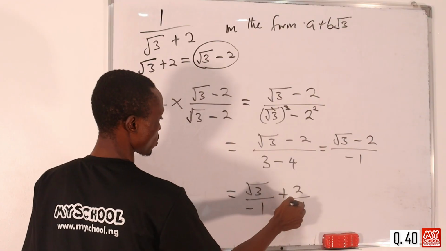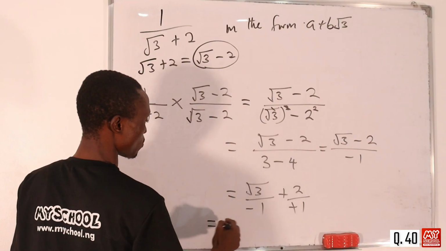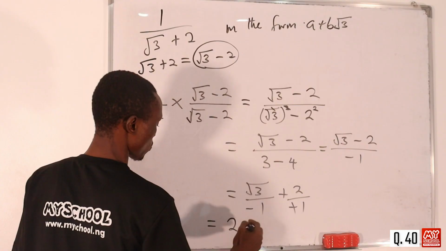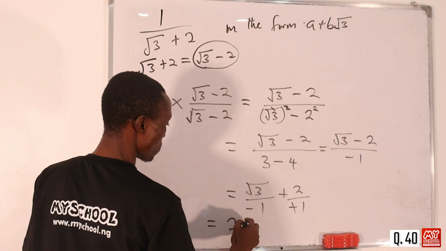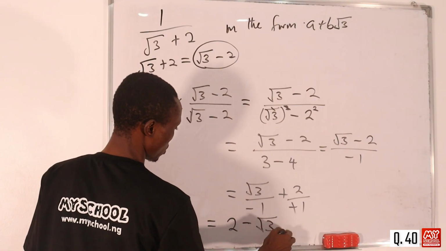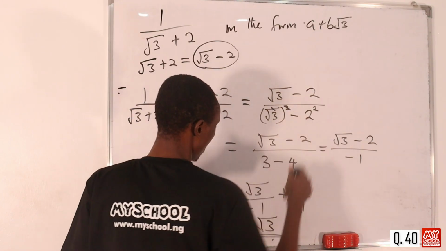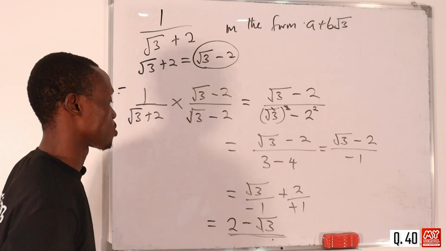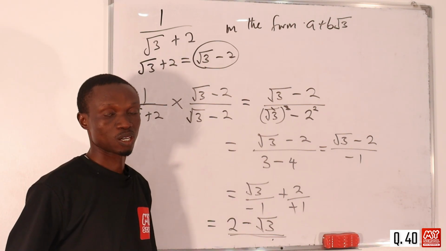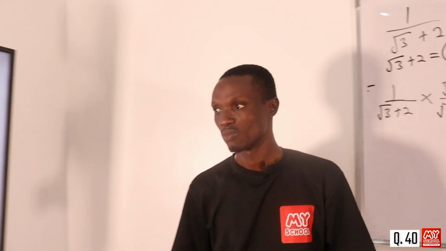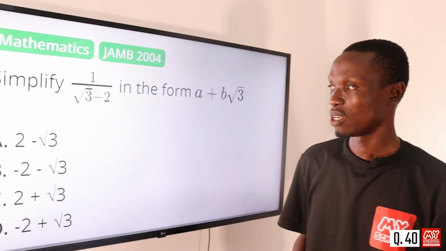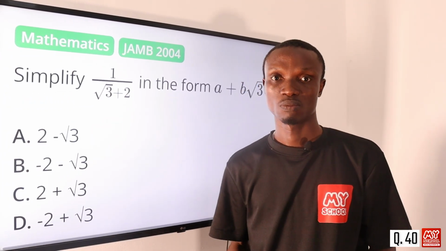Minus cancels out minus, so at the end of the day, we have 2, which is positive now, then minus root 3. This becomes our answer in the form a plus b root 3. So let's return to the screen to pick the correct answer to this question, and that is option A, 2 minus root 3.